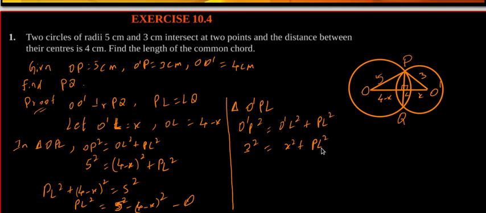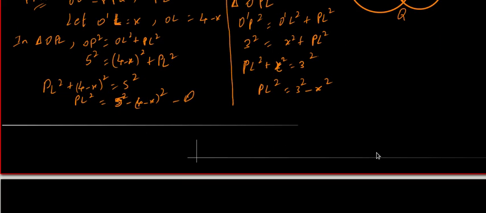PL is the only unknown, so let me change the side: PL square plus X square equal to 3 square. So PL square equal to 3 square minus X square. Let me keep this as equation number 2.